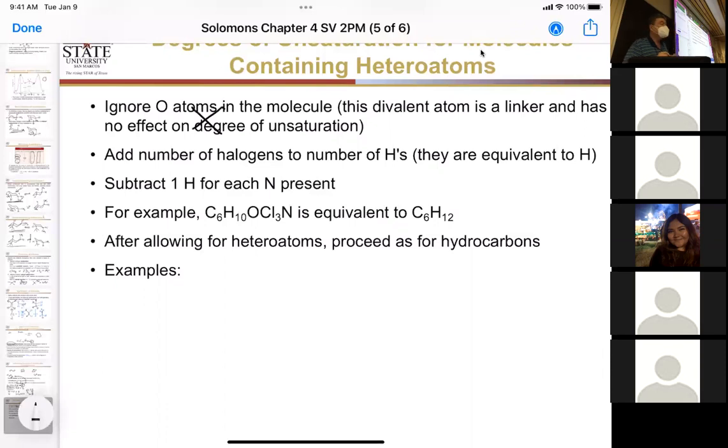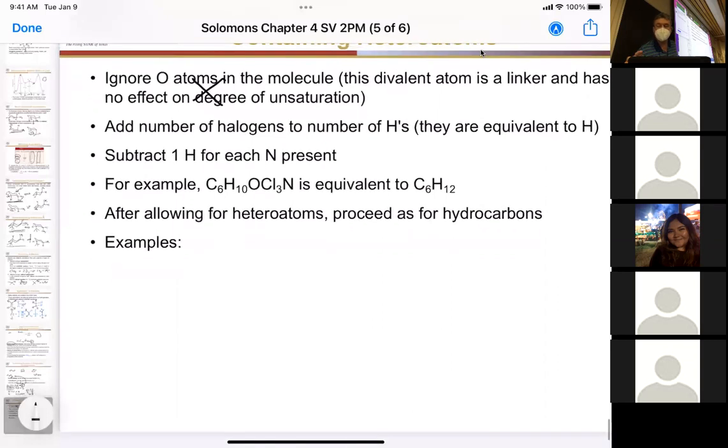Now, nitrogen only bonds 3 times. So we actually have to take away one of the hydrogens when we do nitrogen, okay? So let me do an example of that where we test your metal, okay? I'm gonna do one with a halogen first and then one with a nitrogen in it.